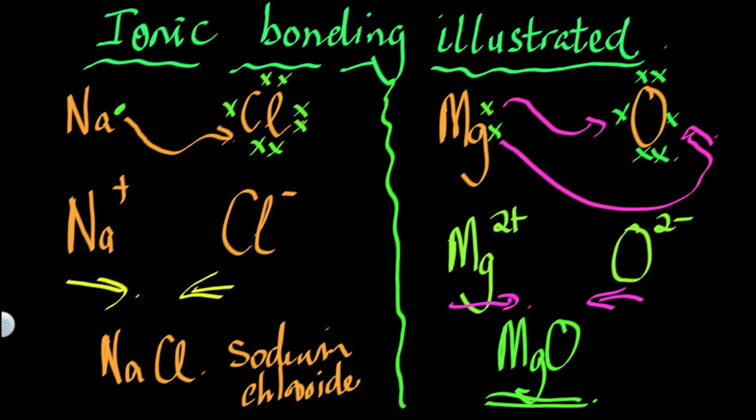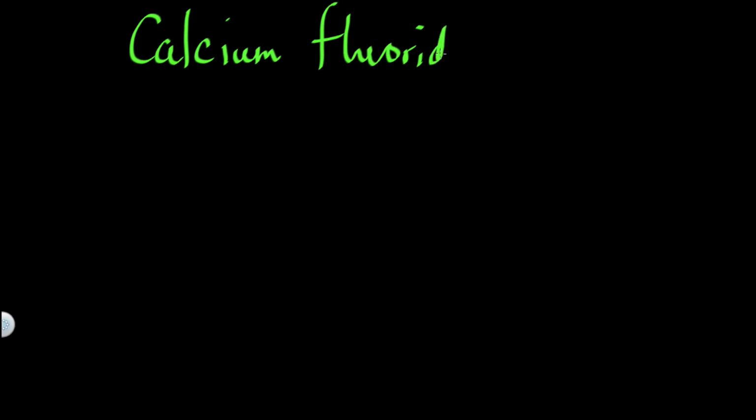Maybe I should give one more example with calcium fluoride. So from the name, we know that we have two ions here, the calcium ion and the fluoride ion. So how does it start? We go to the starting point. The starting point is a calcium atom and a fluorine atom.